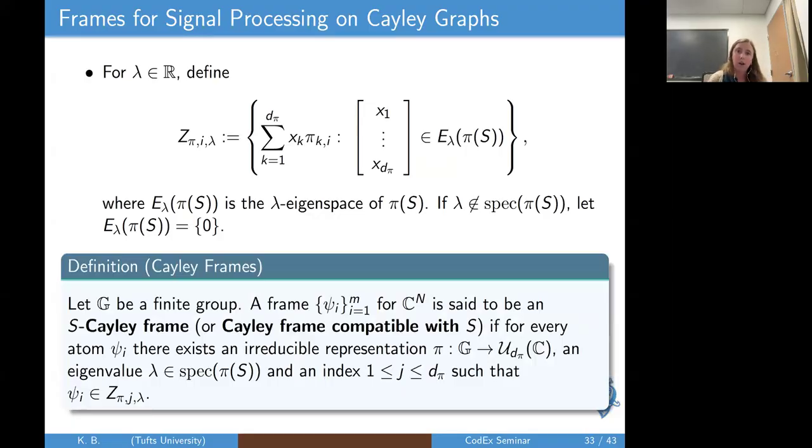So with this context in mind, we're going to define a Cayley frame, which is very similar to the Frobenius-Schur frame that we saw before, but now it's with respect to this new space Z pi I lambda. So a frame for C^n is an S Cayley frame if for every atom there is an irreducible representation, an eigenvalue, and an index so that that atom is in the corresponding space.